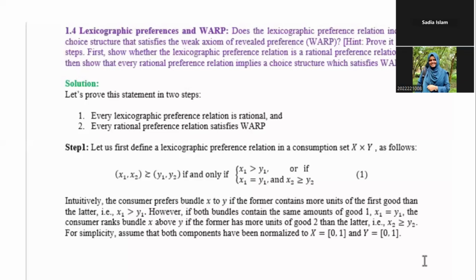Here, this greater-or-equal sign means weak preference, and equation one means that bundle X is weakly preferred to bundle Y if and only if the quantity X1 is greater than quantity Y1, or another condition is when X1 equals Y1 and X2 is greater than or equal to Y2.